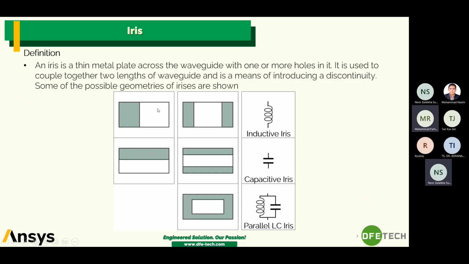If the iris is placed at the left or right side, it is an inductive iris. If the iris is placed on top or bottom, it is a capacitive iris. If it is placed at the top, bottom, and the sides, it is equivalent to a parallel LC iris.